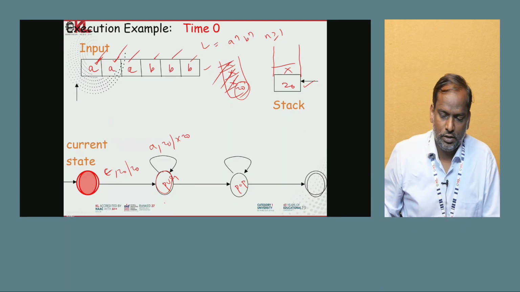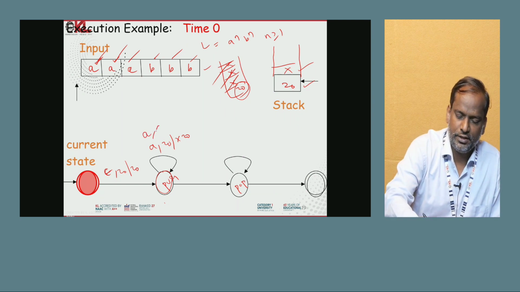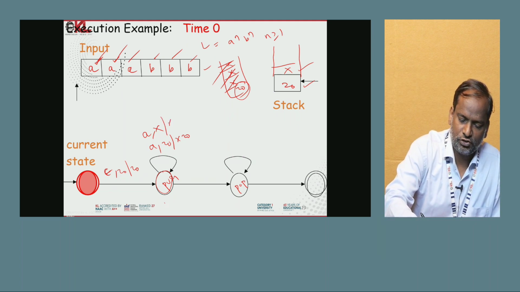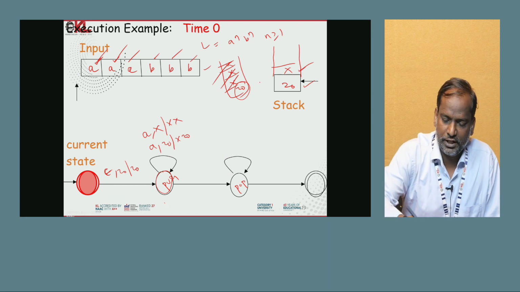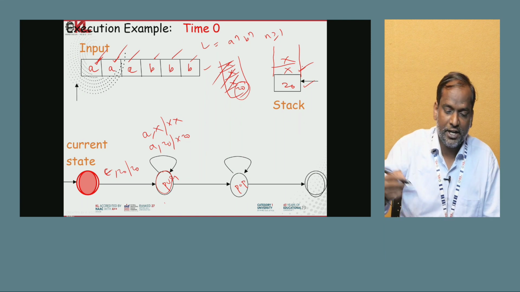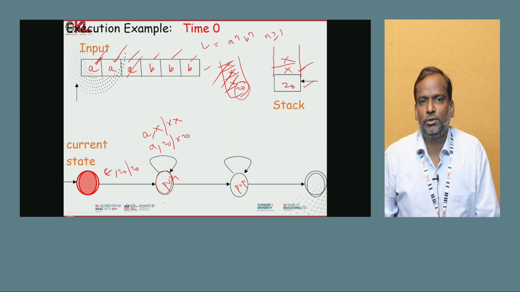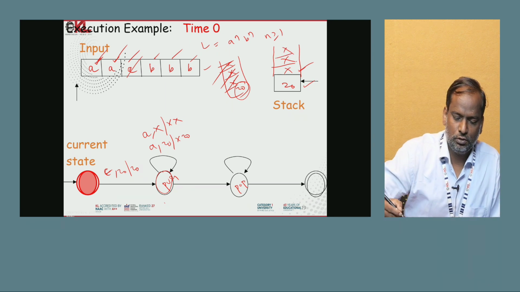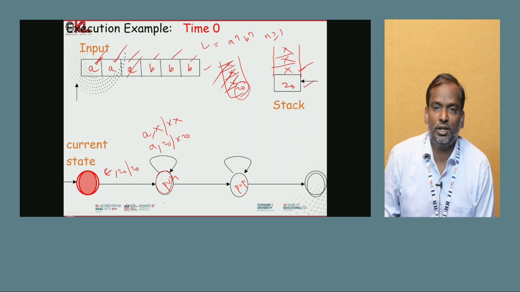Top of the stack is X. So A, X: insert or push X onto the stack. Now top of the stack is X. Again read the third A, current input symbol A, top of the stack X, then again push X. So now we processed 3 A's, so we got 3 X's in the stack.